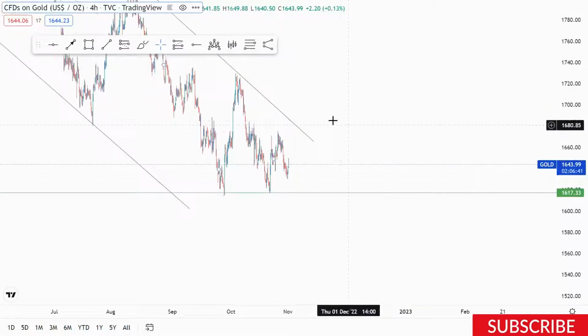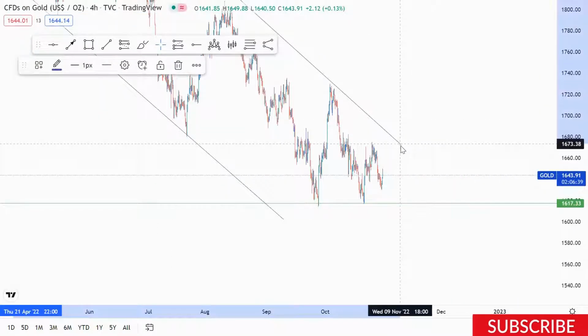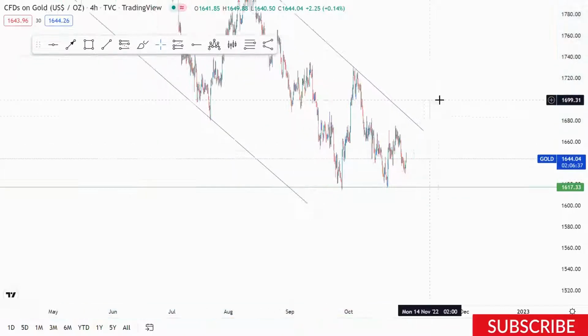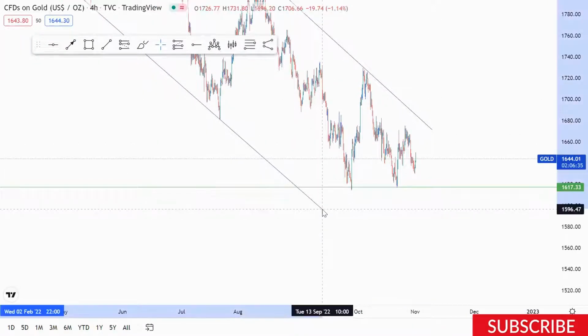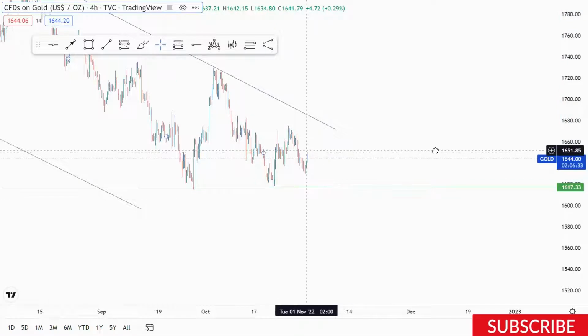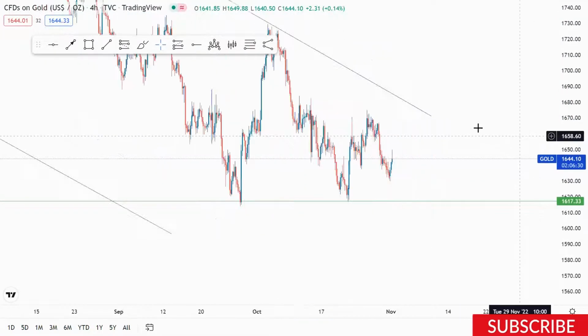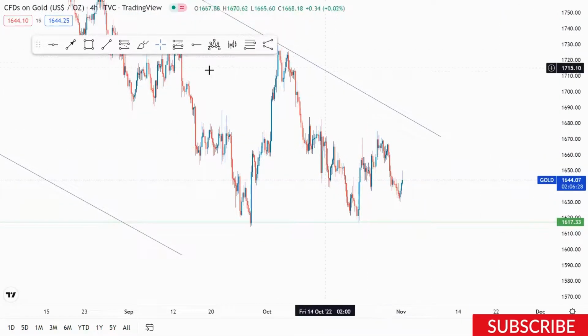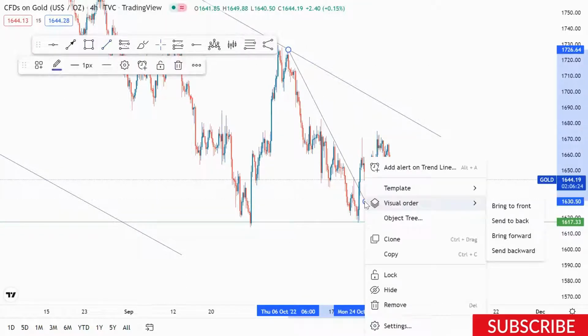Right? So as you can see, at the top we have that resistance trend line. Then at the bottom we also have the supporting trend line. So we're just gonna zoom in now, because it's the current price that's important. As you can see, we have this correction, which we broke out of.